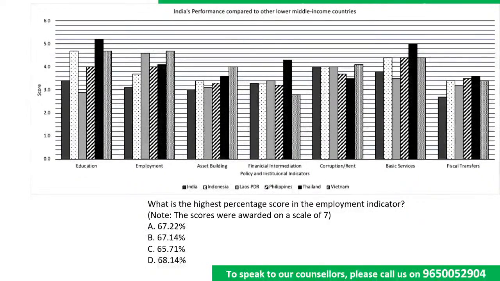You just have to find the percentage. So how will you do that? Employment indicator, find the highest value and divide by 7 and get the percentage.